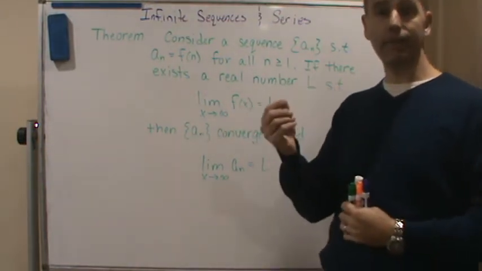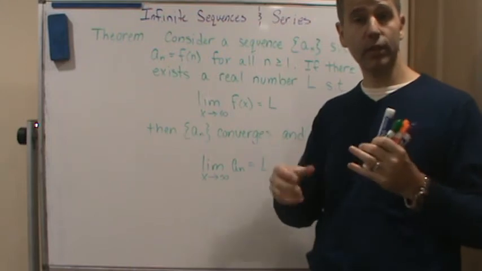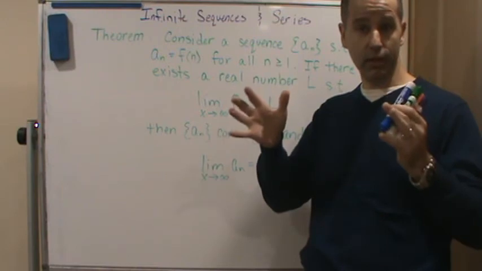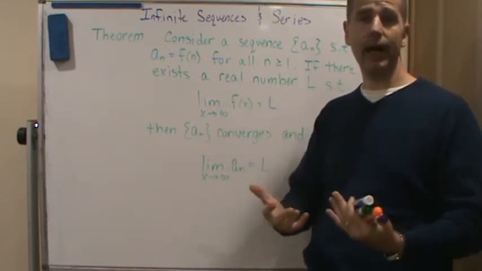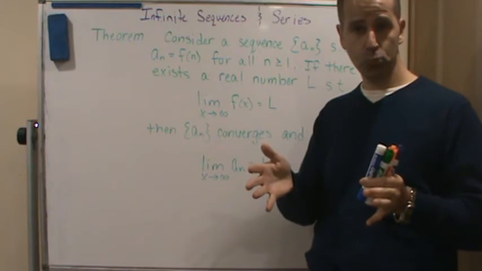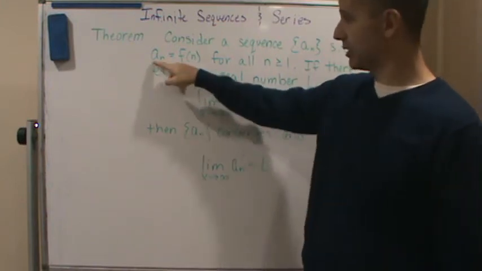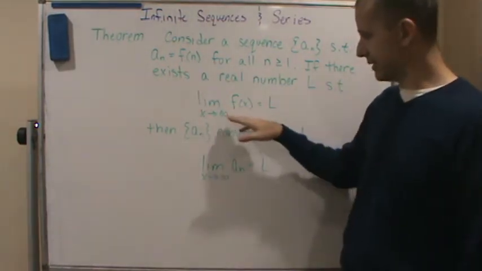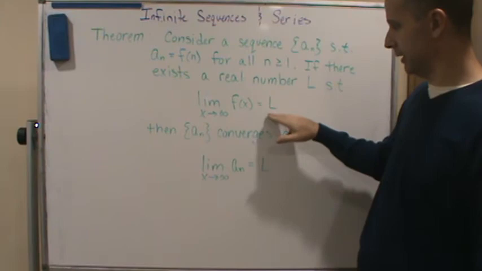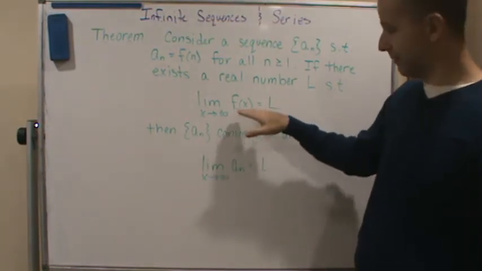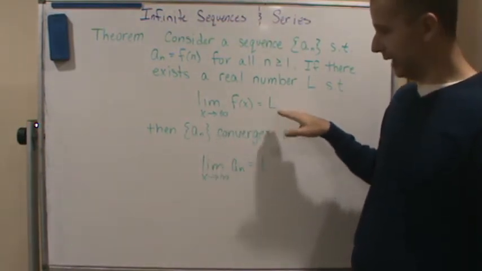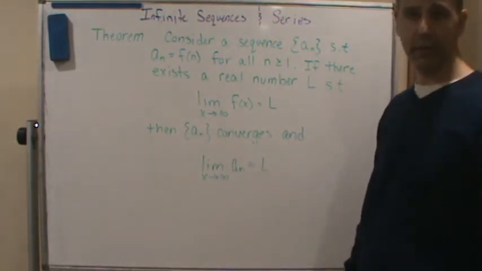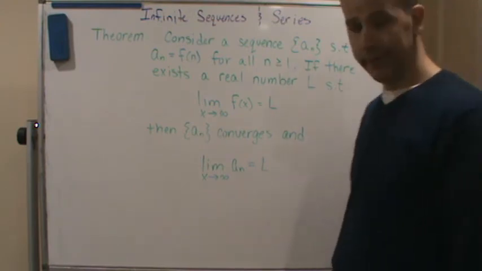If we can find a function that behaves the same way, in other words, if we can replace n with x, we have a function in terms of x, and if we can find the limit of that function, because it will behave just like this, it'll have the same values for all positive integers, and if that function has a limit as x approaches infinity, then that means that the function converges to that number, and if that's true, then the sequence must also converge and converge to the same number. Okay, so that's the theorem.